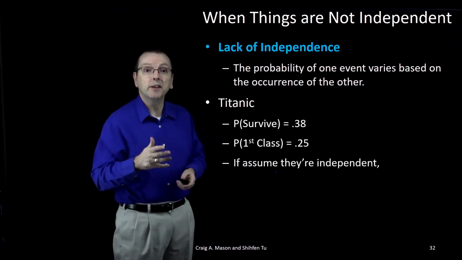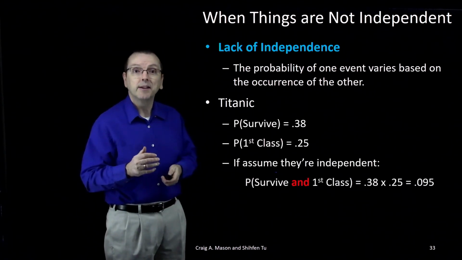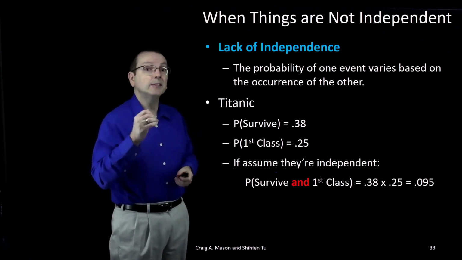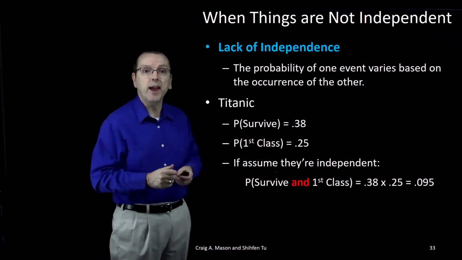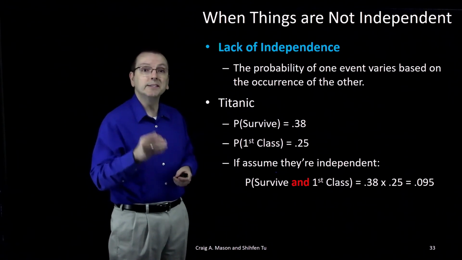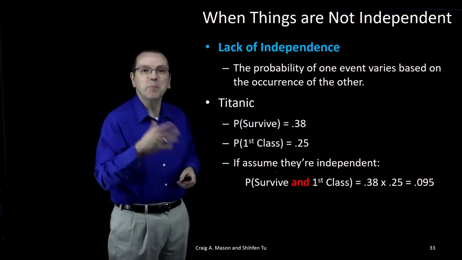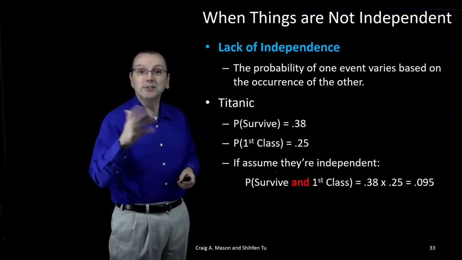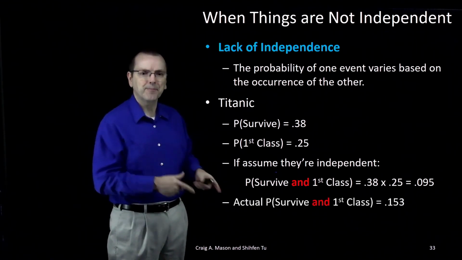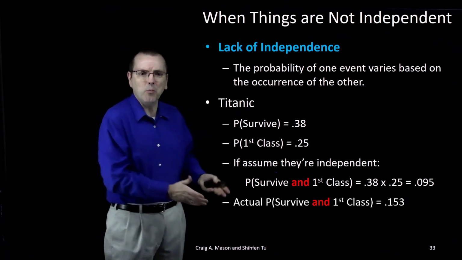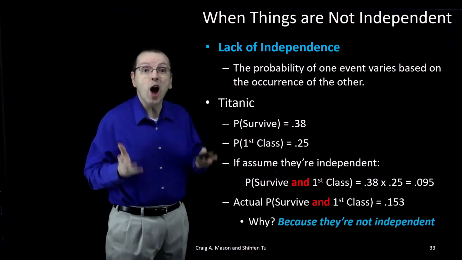If we just assume that the probability of surviving and being in first class are independent, then the probability of someone being a survivor and being in first class is just equal to 0.38 times 0.25, or 0.095. But that's wrong. The actual probability that a passenger was a survivor and in first class was 0.153. What happened? I mean, why? What happened here? Well, it's because they're not independent.